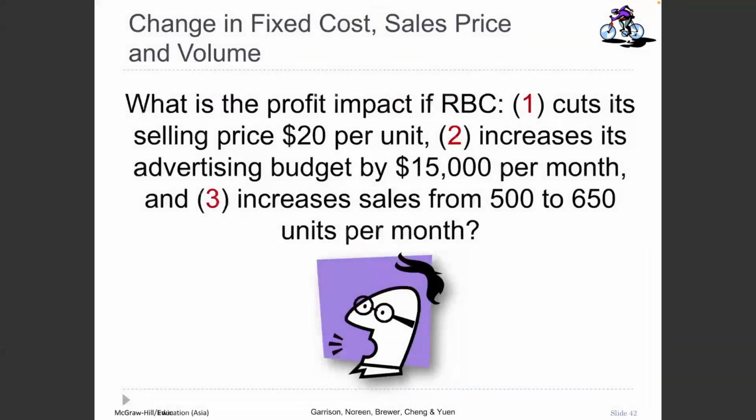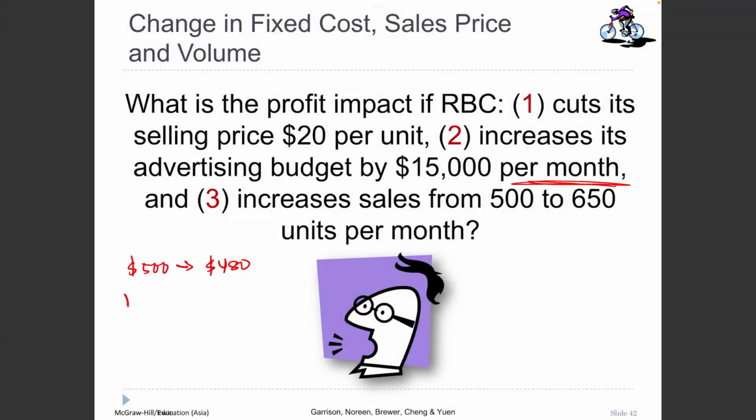Okay, so the next example is, what is the profit impact if RBC cuts its selling price by 20 per unit? It means that the selling price of 500 now becomes 480. And then it will increase its advertising budget by 15,000 per month.